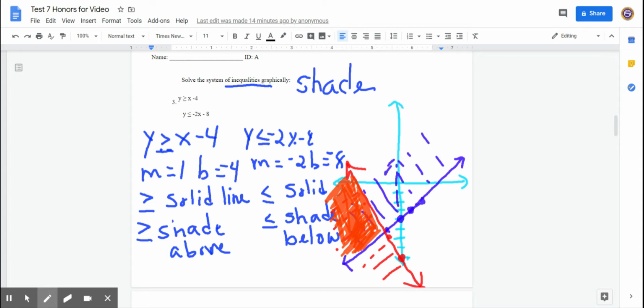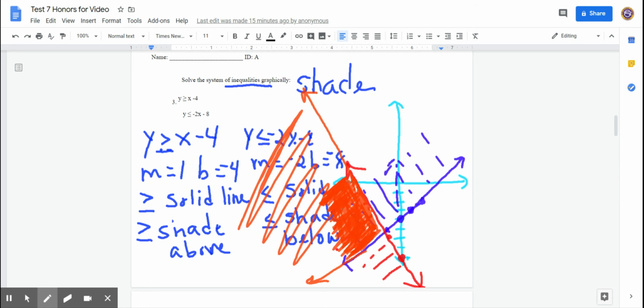If you don't darken it in, then you're not telling me that you understand the material and that you know where the set of solutions are. But every single one of these points in this area, which would of course continue because this line continues and this line continues. So really, all of this is the solution, infinitely many, but only those in that section that keep continuing.